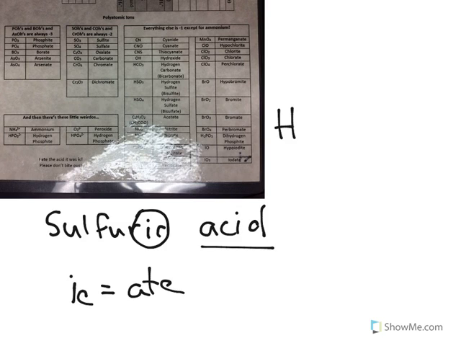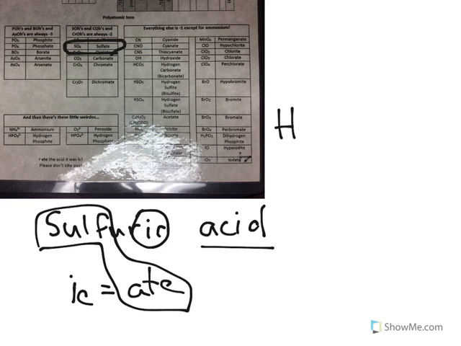So this is sulfate. Everybody see that? We go to our polyatomic ions chart and find sulfate. It's right there, and it's SO4. SO4 has a 2- charge. We're going to take that 2, and that's going to be our subscript for the hydrogen. So this would be H2SO4.